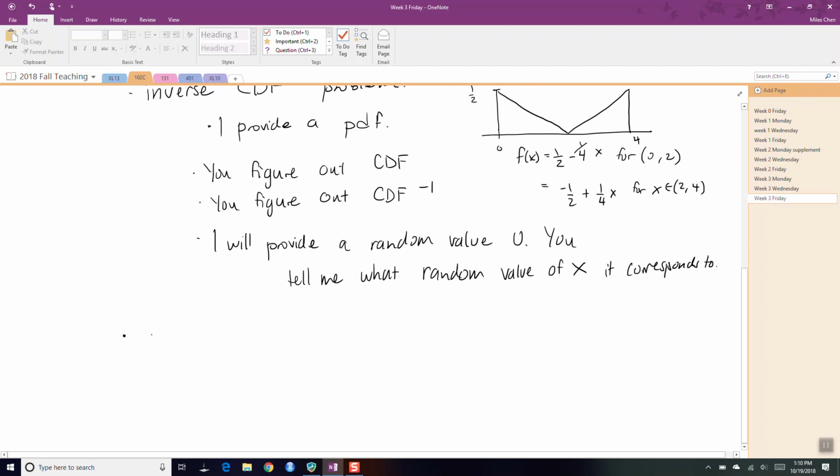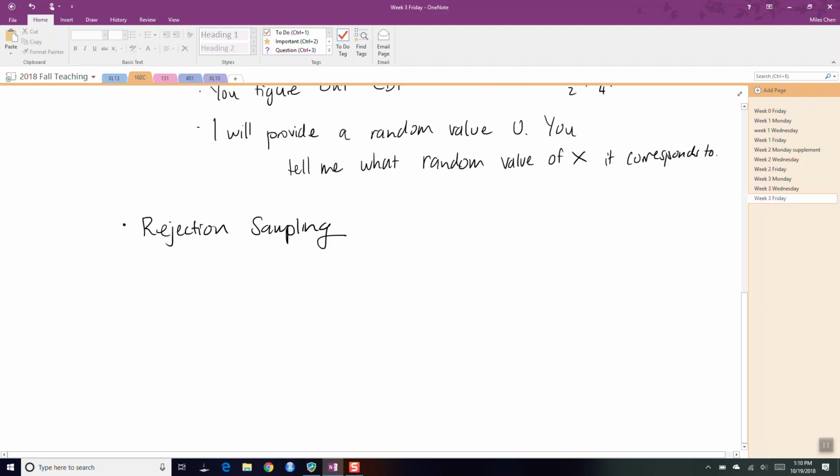Okay, another one. Another possible problem is rejection sampling. So I will provide the target distribution PDF, f of x.